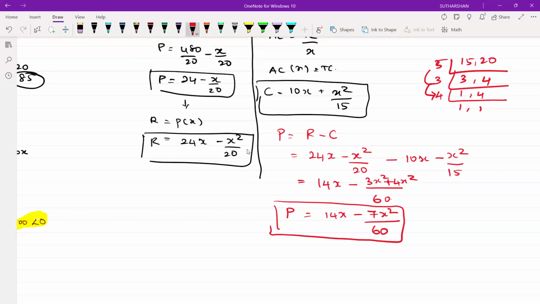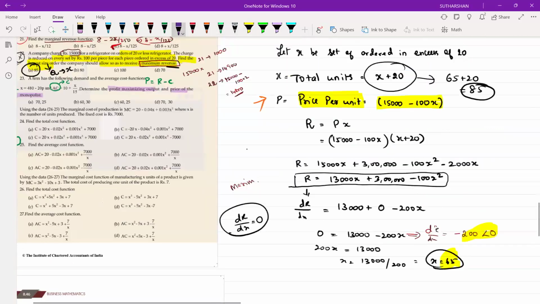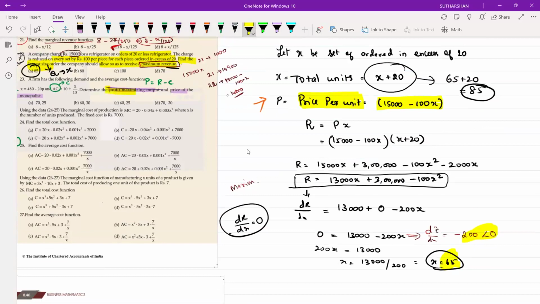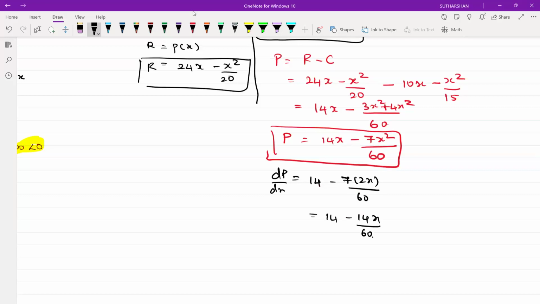Are you able to understand till this point? Yes, sir. They are asking for the profit maximizing output, so profit maximizing output is the keyword. For that, I'm going to differentiate my profit function. dp by dx is equal to 14 minus 7 into 2x divided by 60. Finally, 14 minus 14x divided by 60.